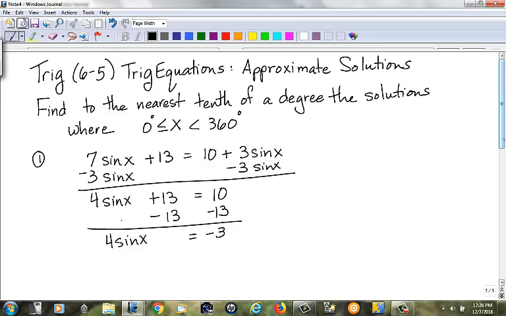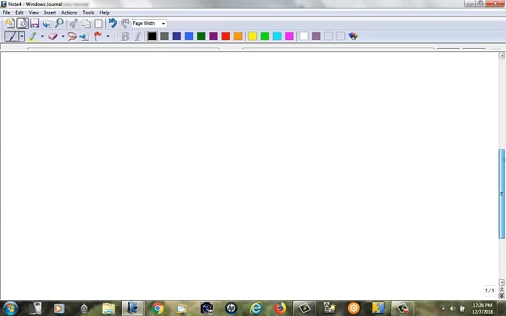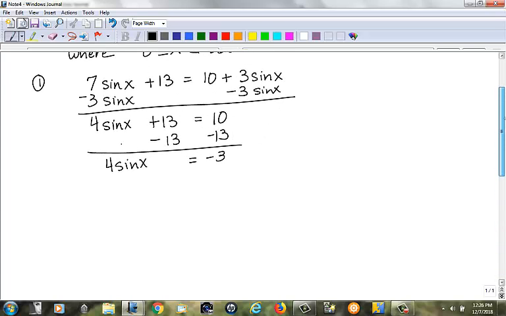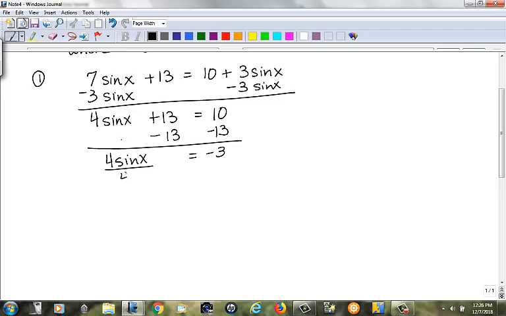And then divide by 4 on both sides. So you get sine x equals a negative 3/4. Basically it's telling you exactly what to do on your calculator. It's saying take the negative 3 divided by 4.